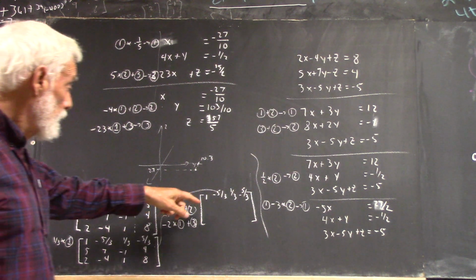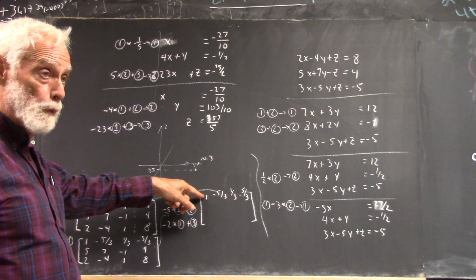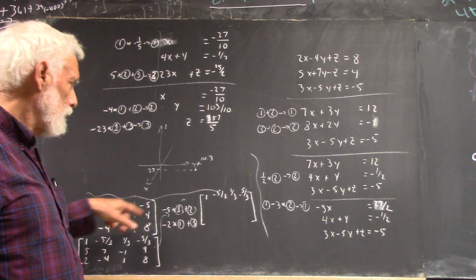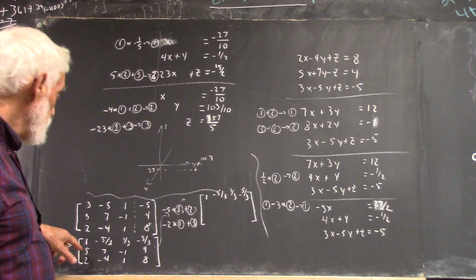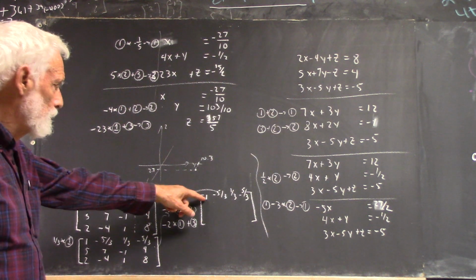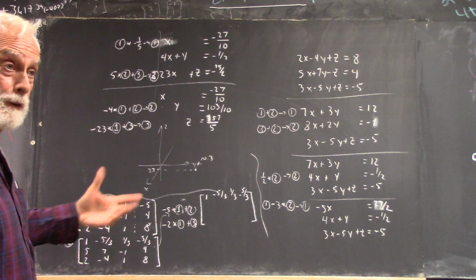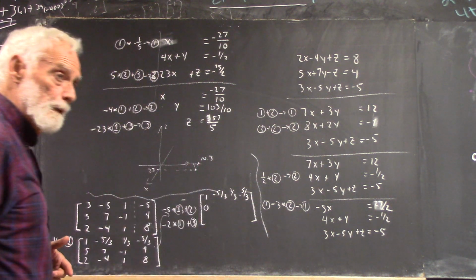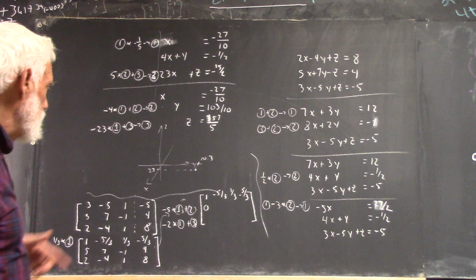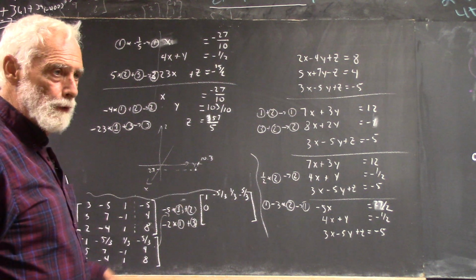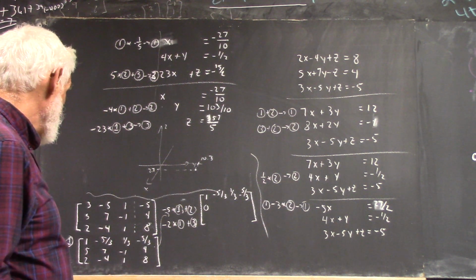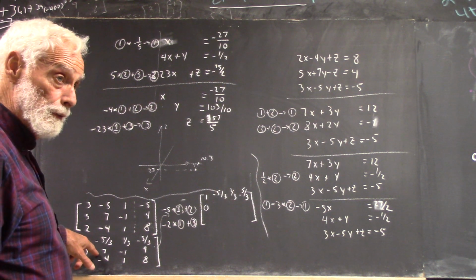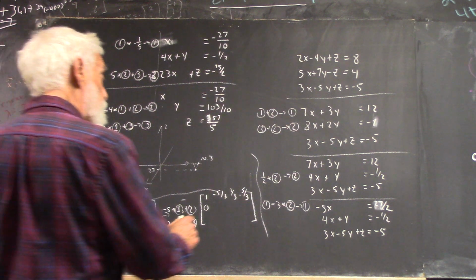Then I'm going to multiply whatever's in this row by negative 5, I'm sorry, and add it to the second row. Well, negative 5 times 1 is negative 5. Added to 5 gives me 0. That's convenient. Okay. Then negative 5 times negative 5/3 is negative 25/3, which I add to 7, 7 being 21/3. That should give me negative 4/3.